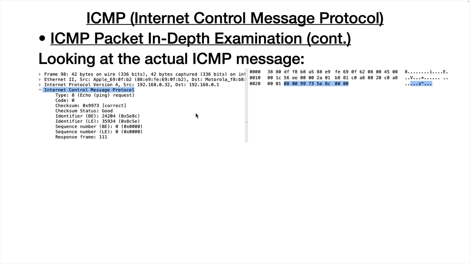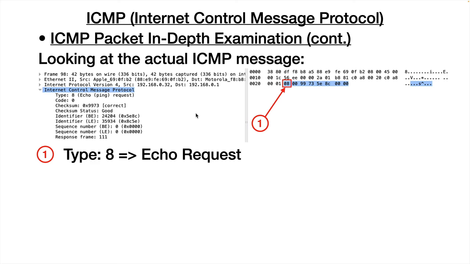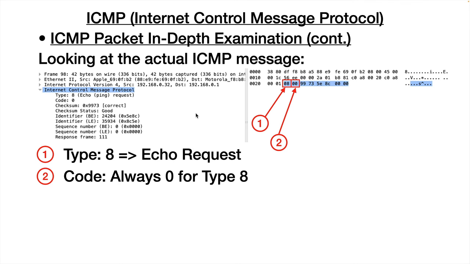And notice what is highlighted on the right side, which is the actual ICMP message. This is decoded on the left, and you see that the type is an 8, which is an echo request, and notice on the left they say echo or ping request, because ping is the most common thing you do with that. So they're trying to use terminology you would be familiar with. Next we have a code, and like I said, a lot of times this code is 0.